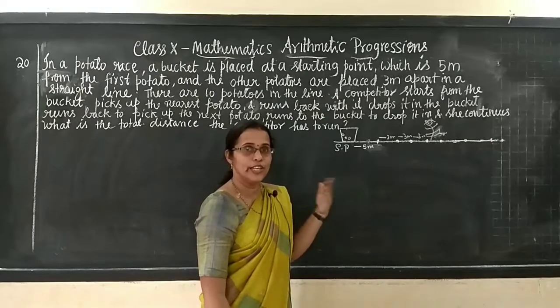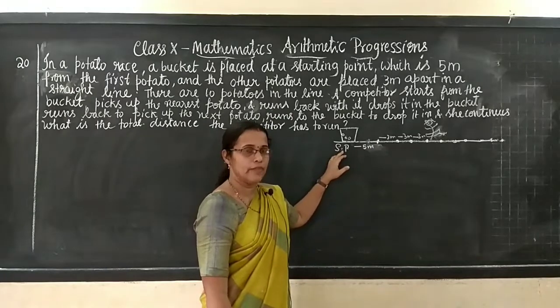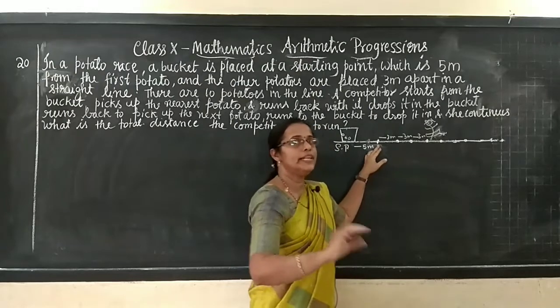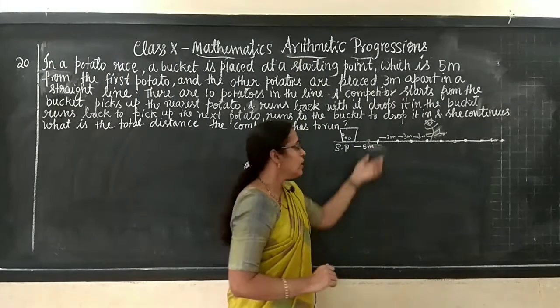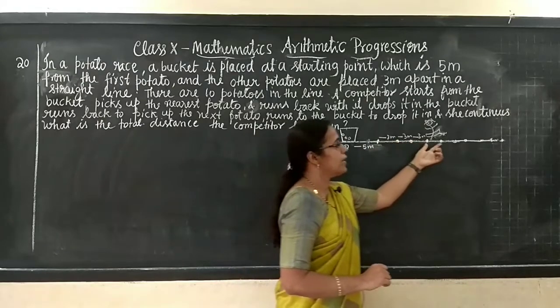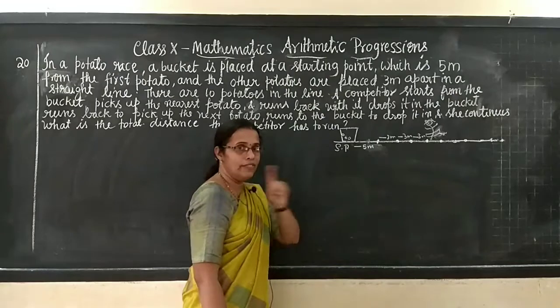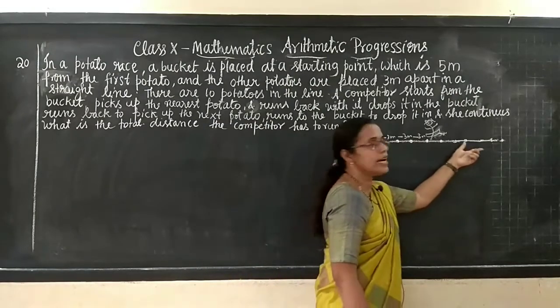So here also, how is it placed? The starting point is here, and from here the first potato is kept 5 meters apart. Like that, 10 potatoes are kept 3 meters apart. Each time, 3 meters goes on increasing. Only the first one is 5 meters; the rest are all 3 meters continuously like this.